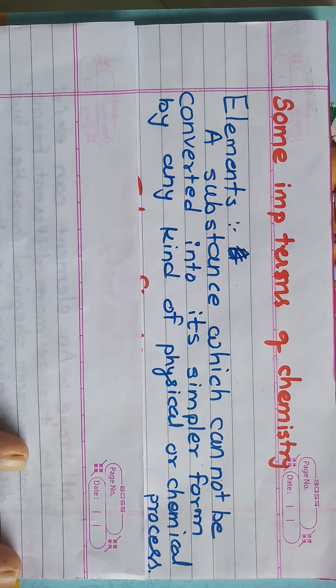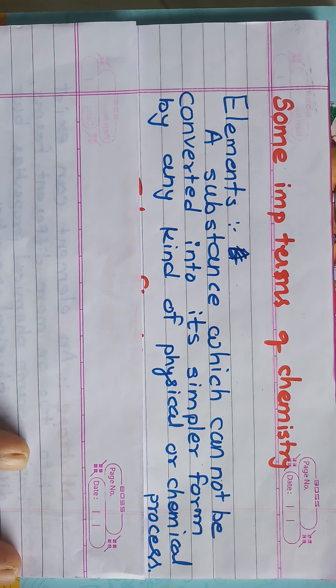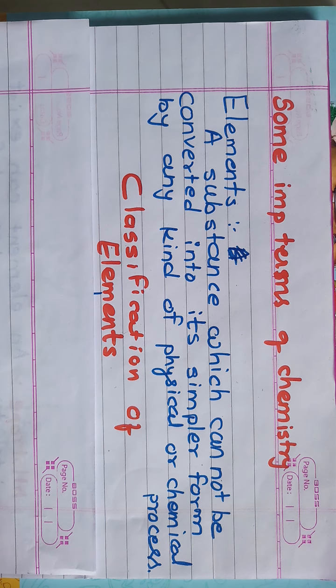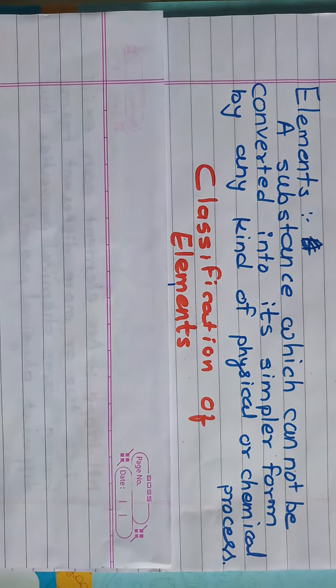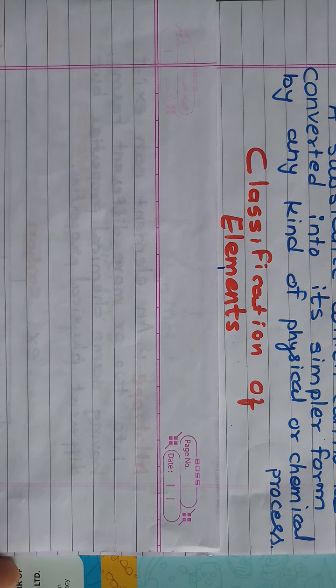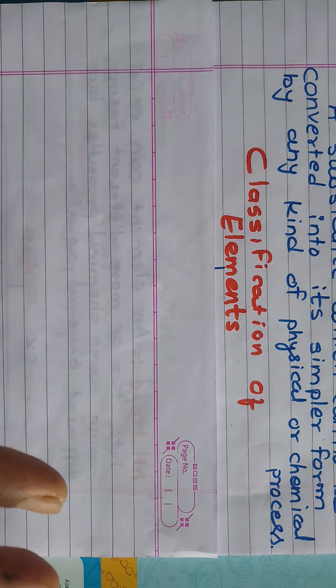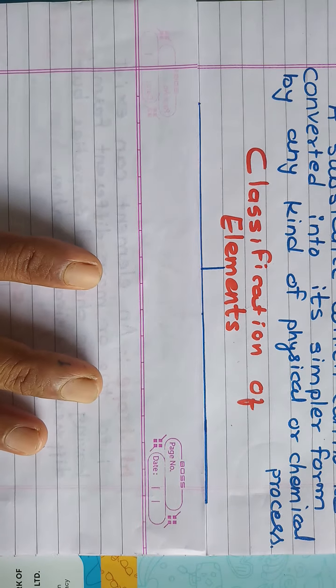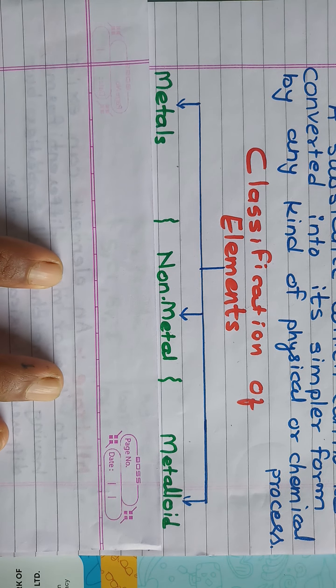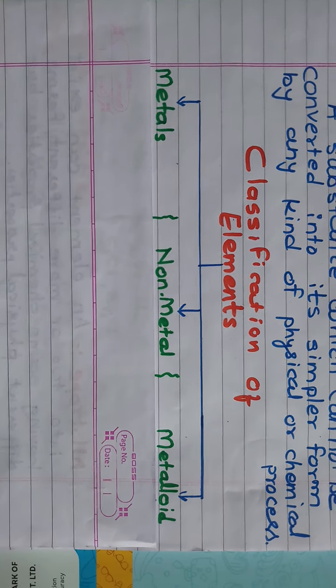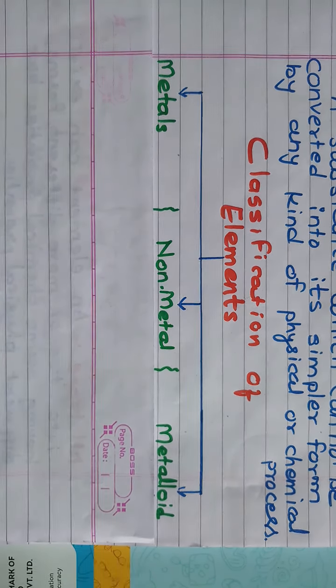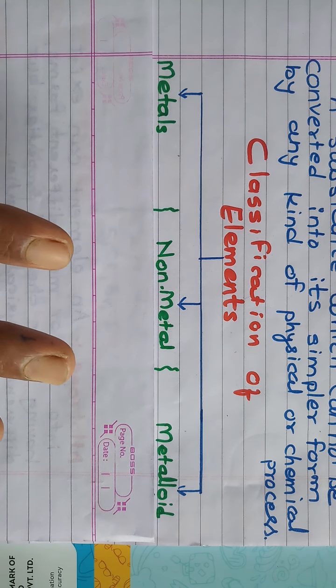Now, let's see the classification of elements. Elements are classified into three different types. First is metal, second is non-metal, and the third one is metalloid. Now, let's see examples of metals.